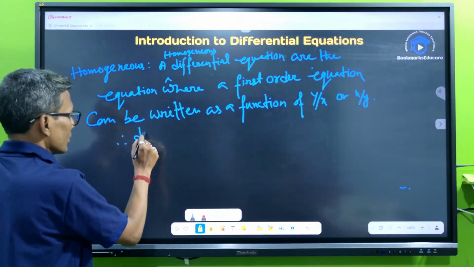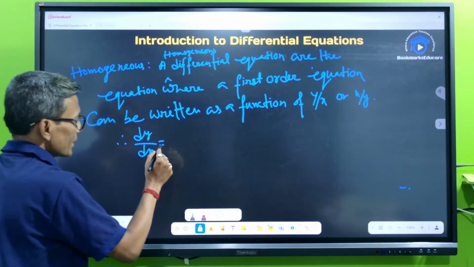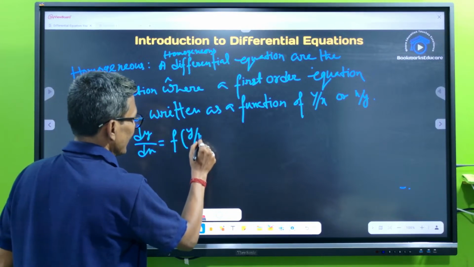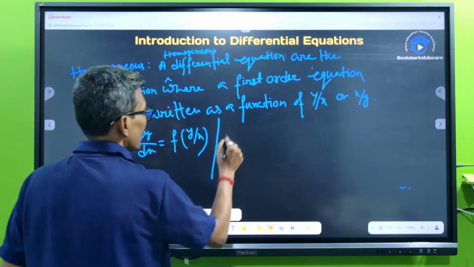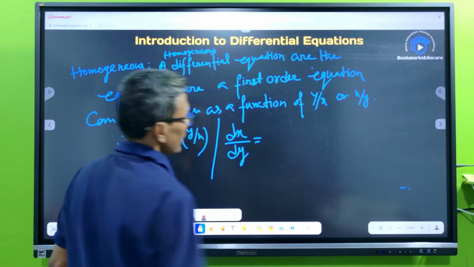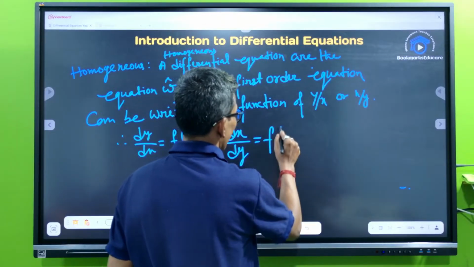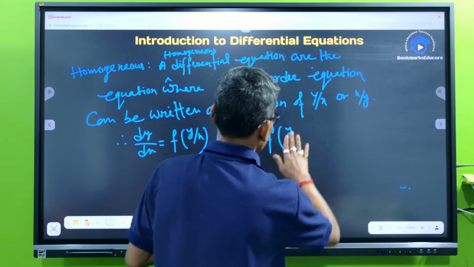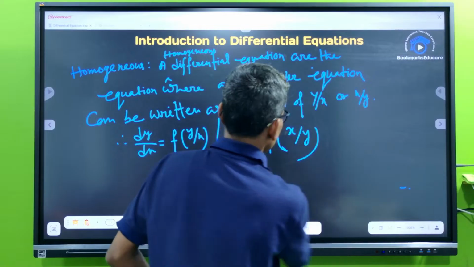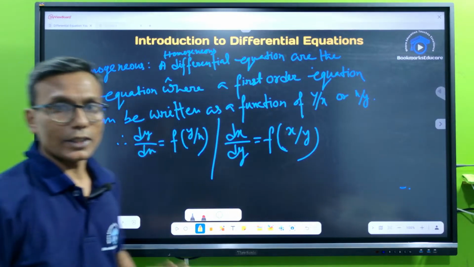That is, dy by dx can be represented as a function of y by x, or dx by dy can be represented as a function of x by y. So this is the homogeneous differential equation.